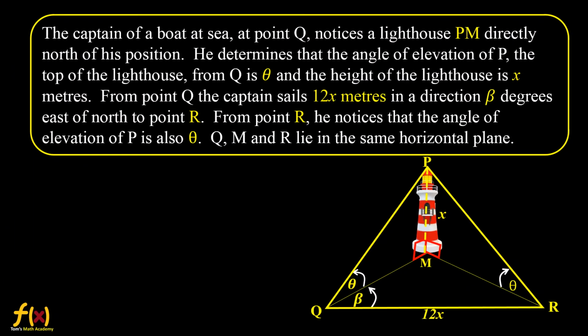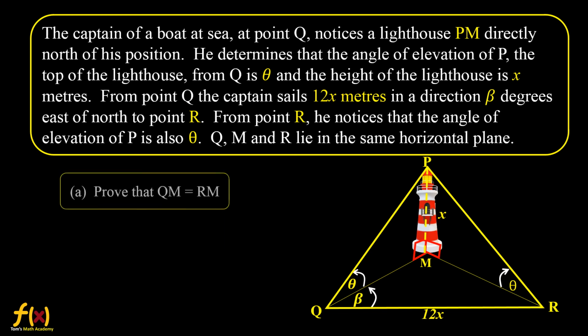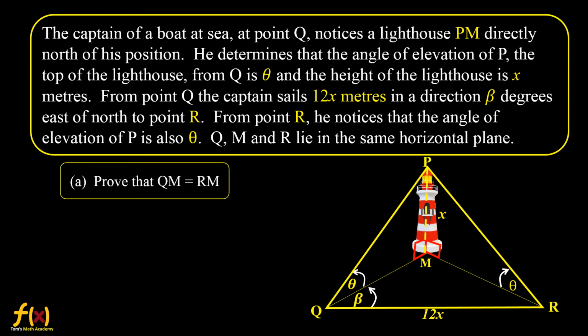Another good question. Here is the diagram, a very clear diagram, and the question is prove that QM equals RM. So where is QM? We look at the triangle, and where is RM? We look at the triangle. We have two right angle triangles. In triangle PMQ, tan theta is equal to x over QM, and therefore QM is equal to x over tan theta.